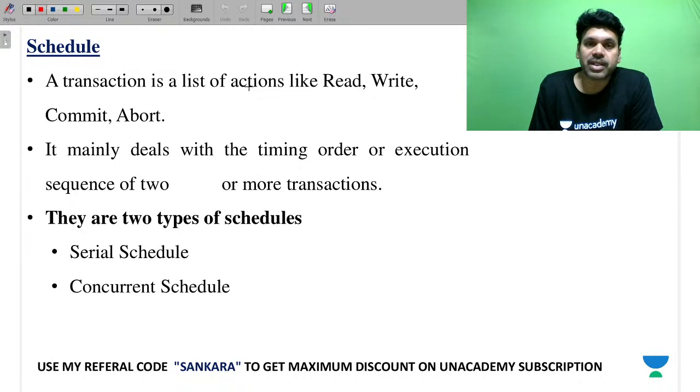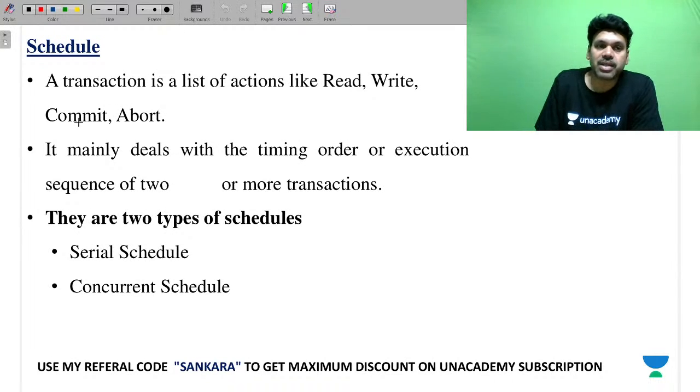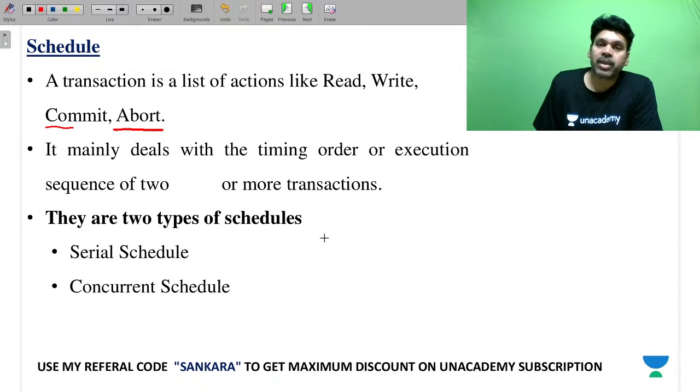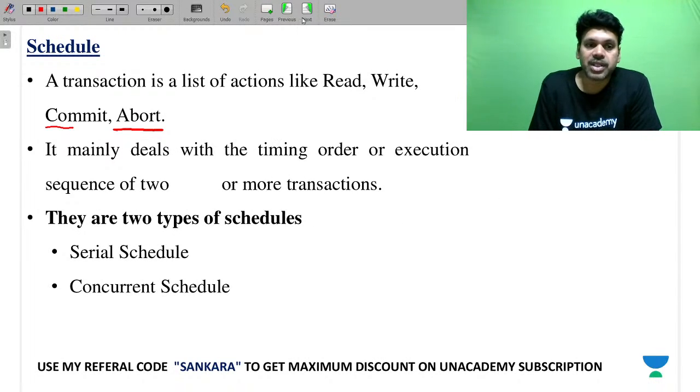Last session I said read is nothing but a selection and write is nothing but insertion, updation, and deletion, and the other two are transaction control language commands like commit and abort statements. The schedule mainly provides the timing for the execution of the transactions. According to the schedule, there are two varieties, serial schedule and concurrent schedule.